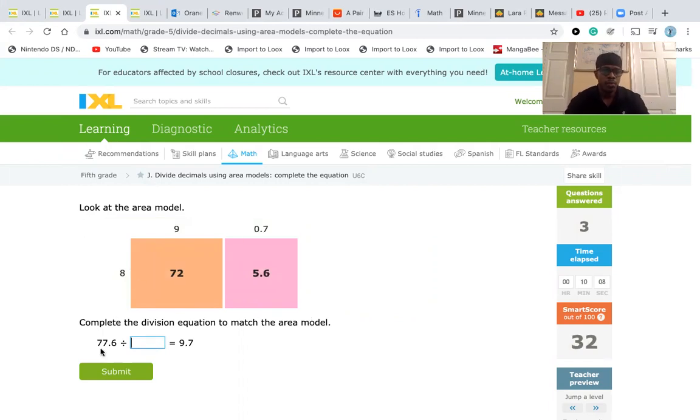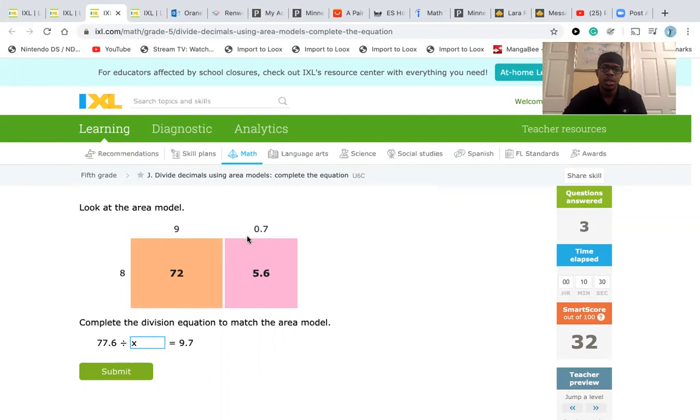We have 77.6 divided by something, we don't know what it is yet, is equal to 9.7, or 9.7 times something, x, is going to give us 77.6.